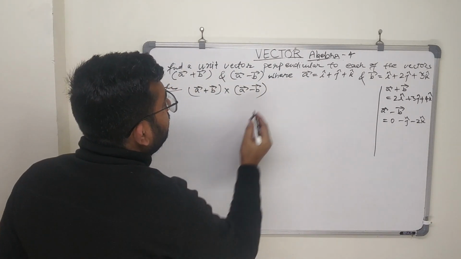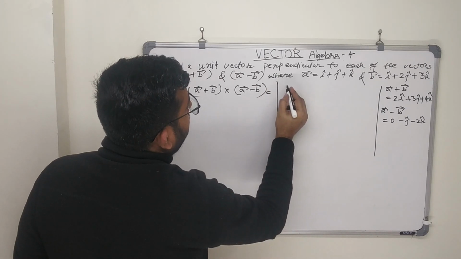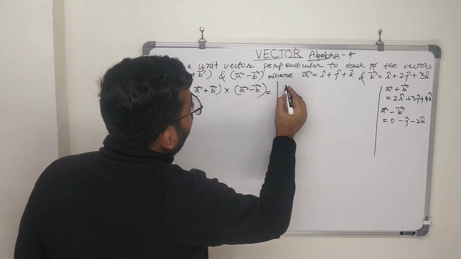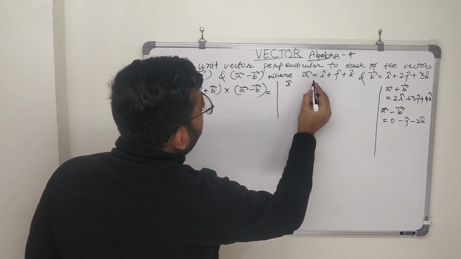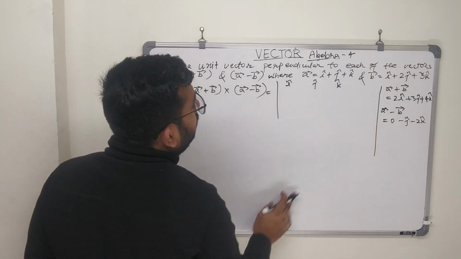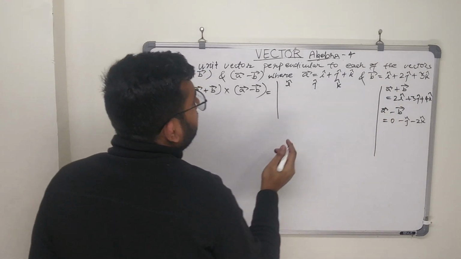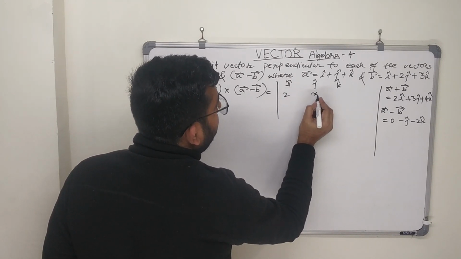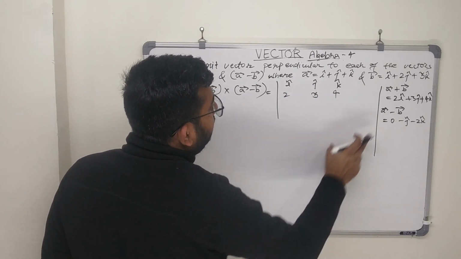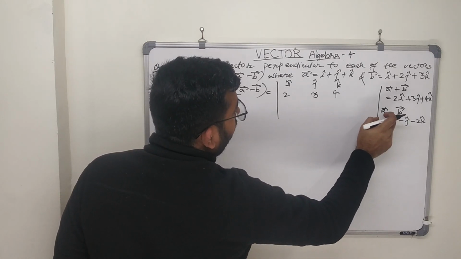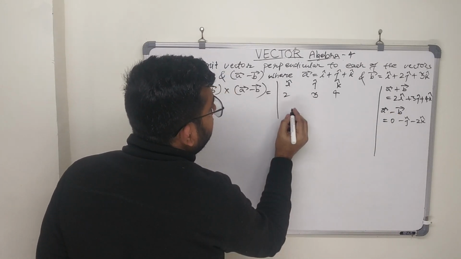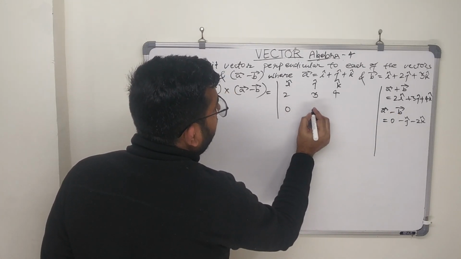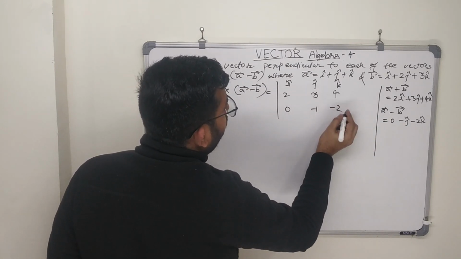So now putting here the determinant of i cap, j cap and k cap in the first row, and then the components of A vector plus B vector, that is 2, 3 and 4 here, and then the scalar components of A vector minus B vector, that is 0, minus 1 and minus 2.